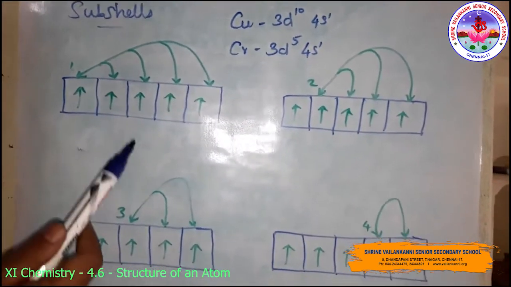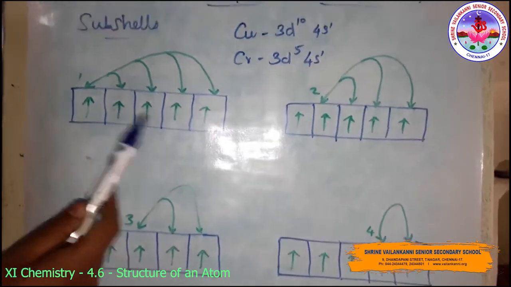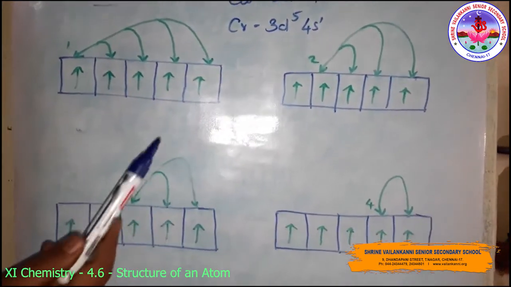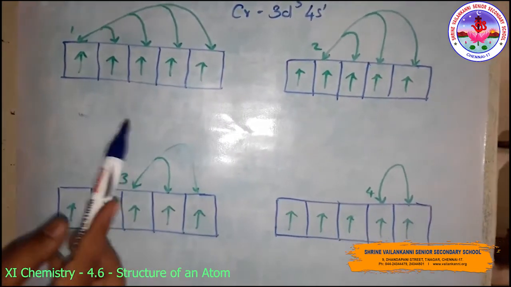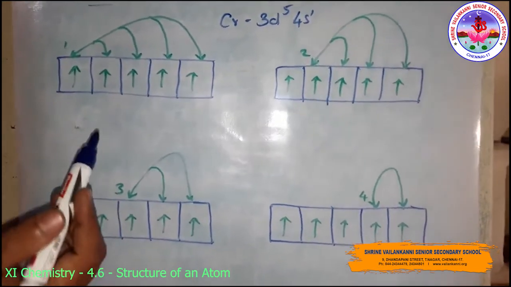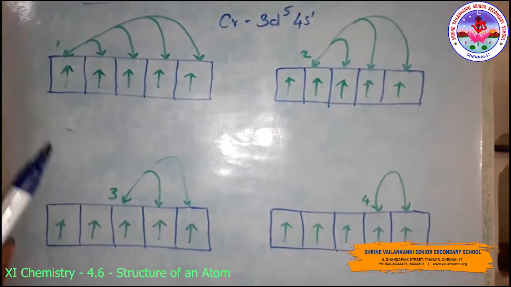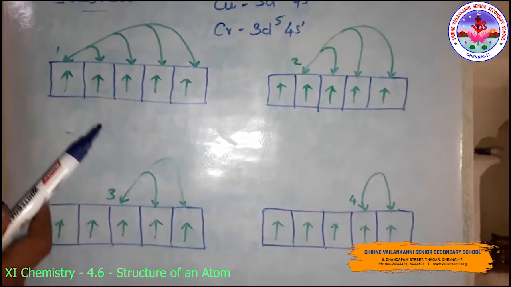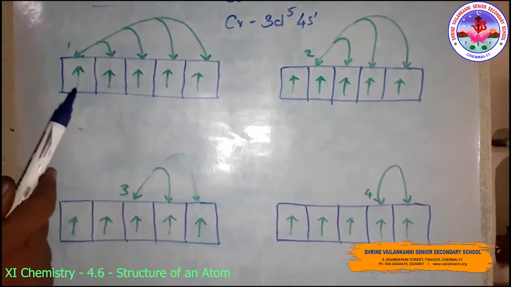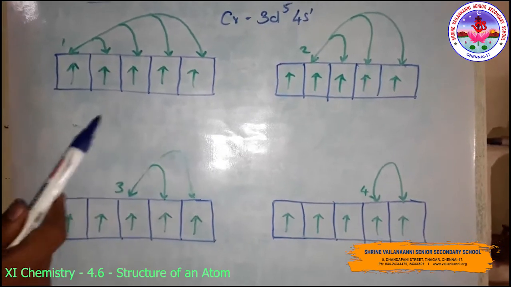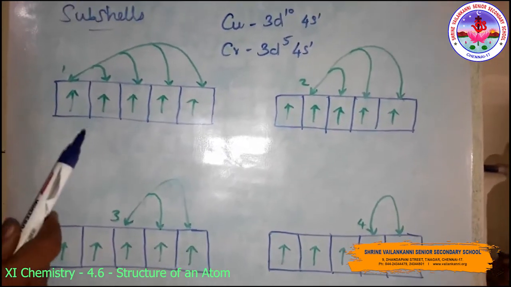Look at this extra stability, the cause of stability of completely filled and half filled is the symmetrical distribution of electrons. It is known as symmetry leads to stability. The completely filled or half filled subshell has symmetrical distribution of electrons in it and is therefore more stable.